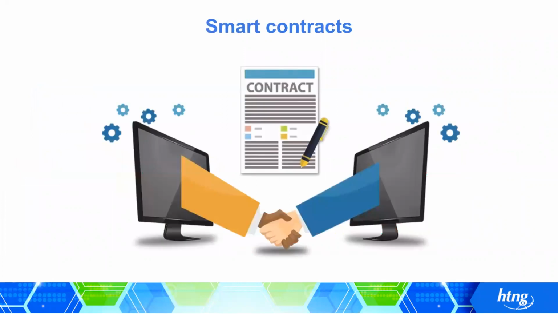A few words about smart contracts. A smart contract is a really powerful concept behind the blockchain world, because the program executes as a decentralized process inside the blockchain network. The smart contract can be partially or fully Turing complete.